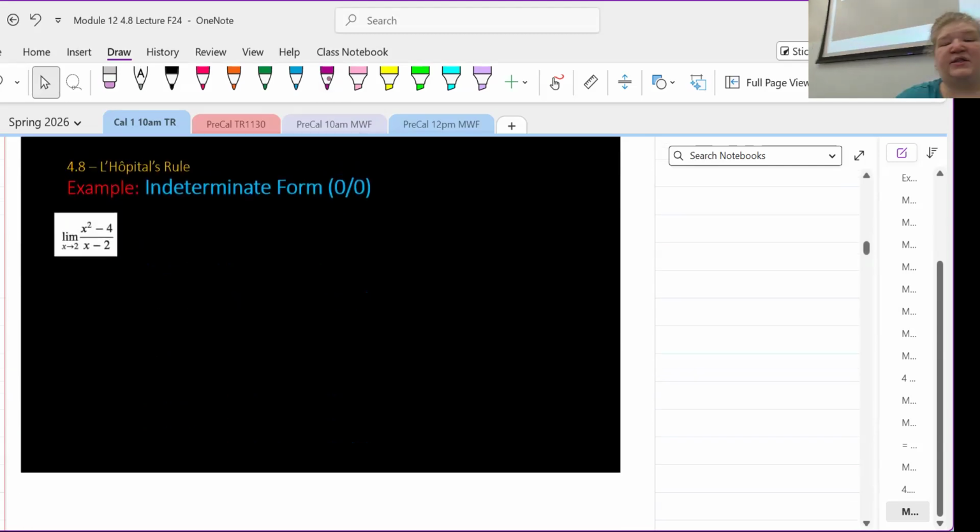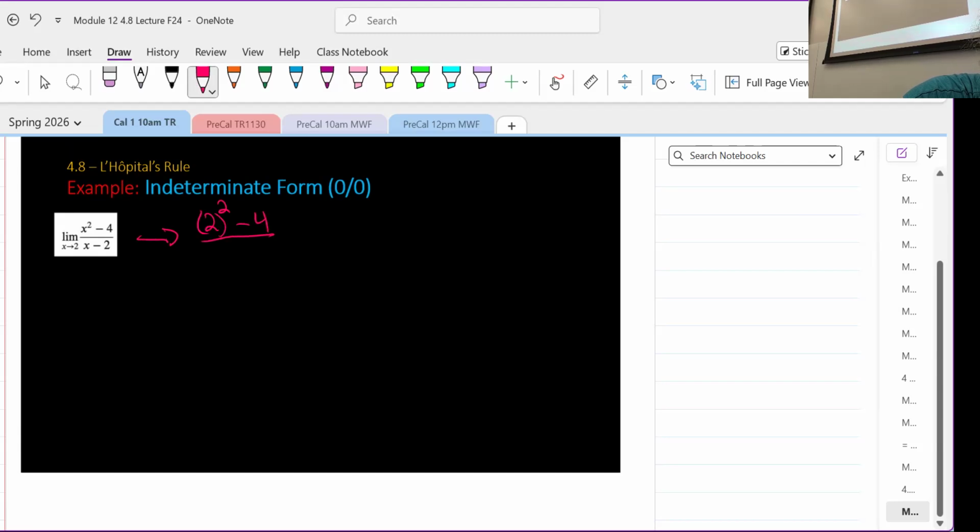So like this one here, the limit as x approaches 2 of x squared minus 4 over x minus 2. I do the initial substitution and I get 0 over 0.